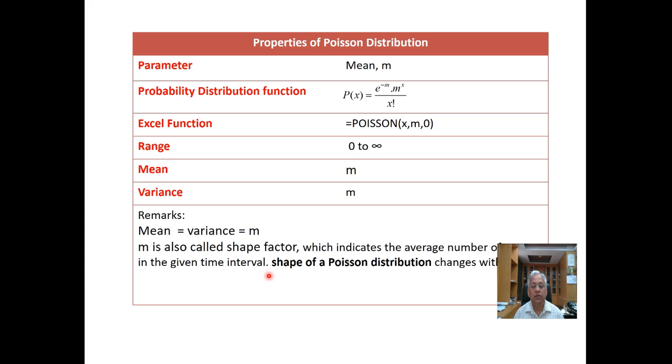It is also important to note that the shape of a Poisson distribution will change with m, and as I already showed, when m is a low value, it is highly skewed towards 0. Now, Poisson distribution can also be derived as a special case of binomial distribution.